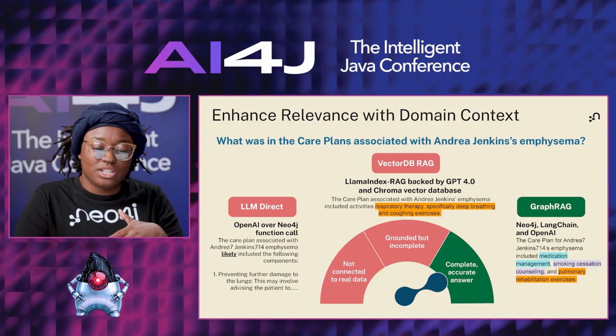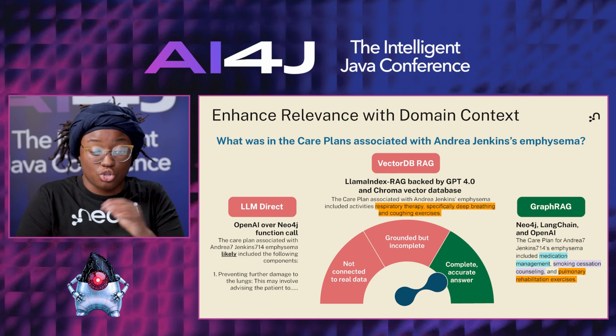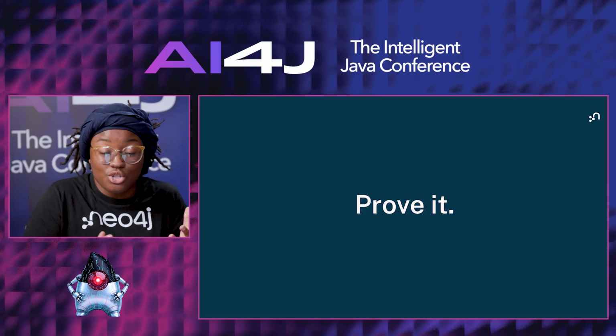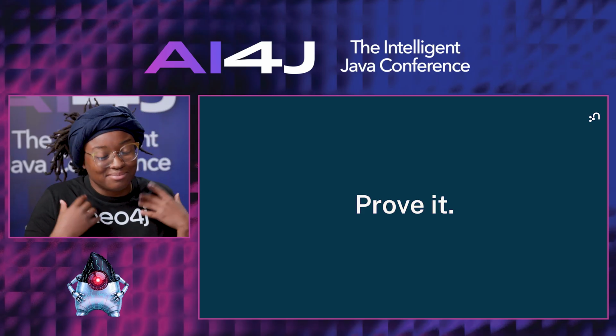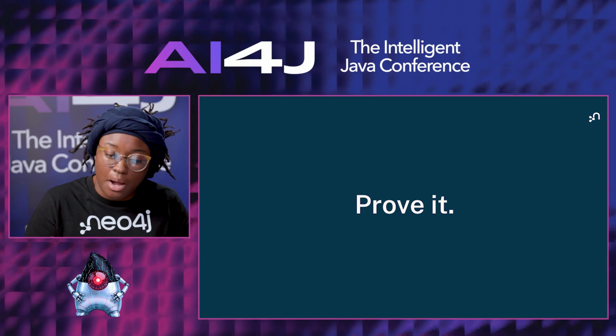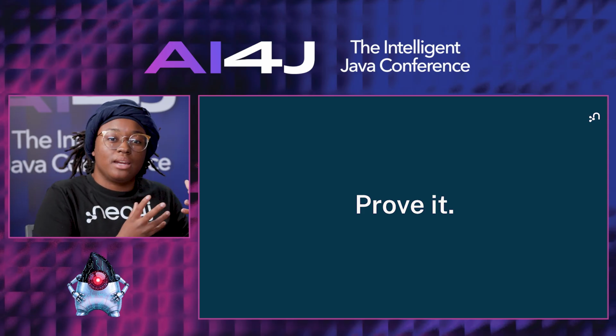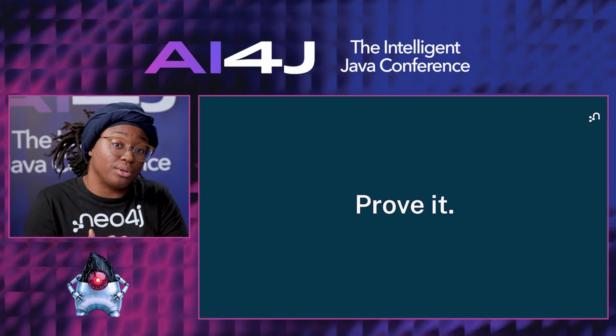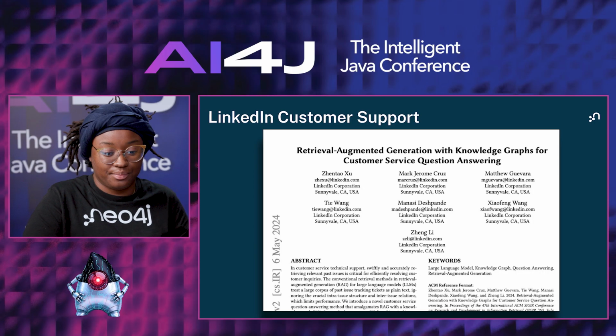So once the agents have the necessary context in the structure of a knowledge graph, we can do so much, but don't take my word for it, right? Prove it. There are lots of massive companies making the shift in agentic development by implementing knowledge graphs as a core pillar of their AI architecture.